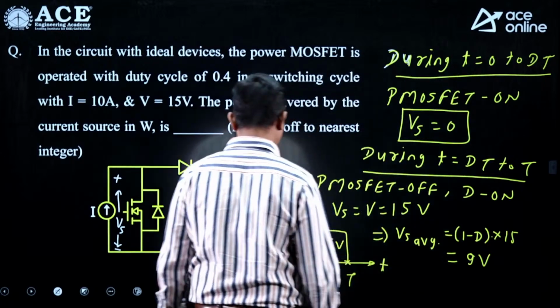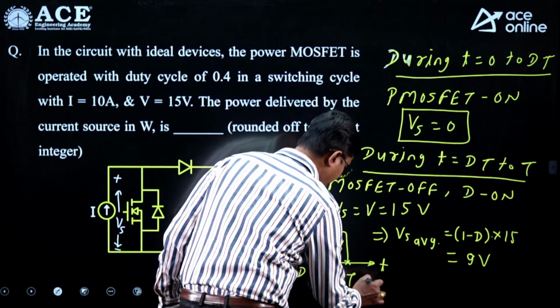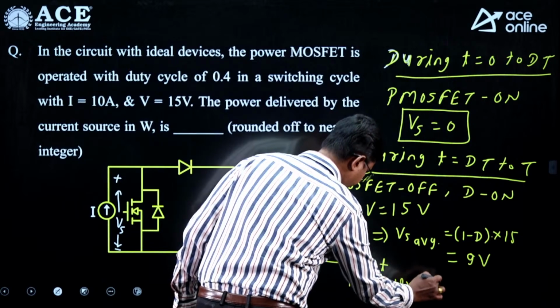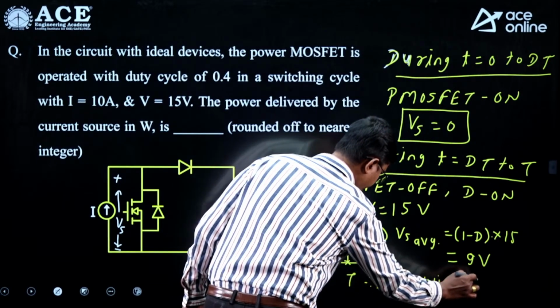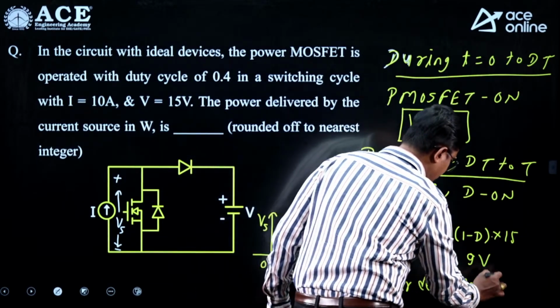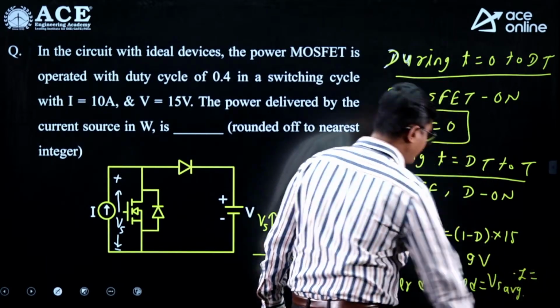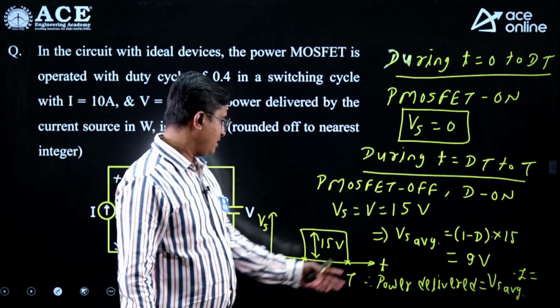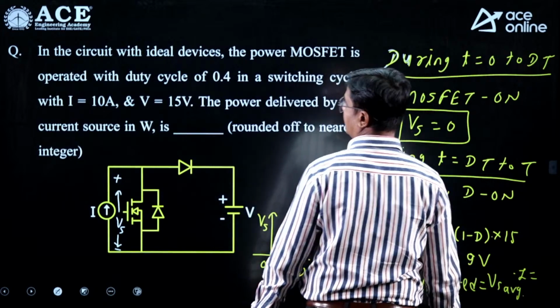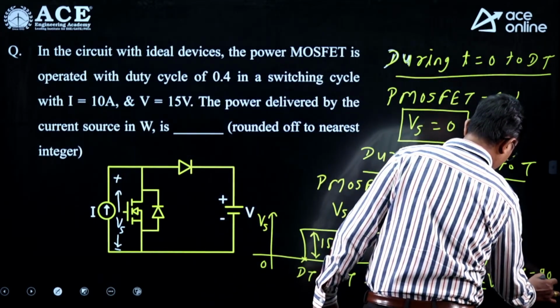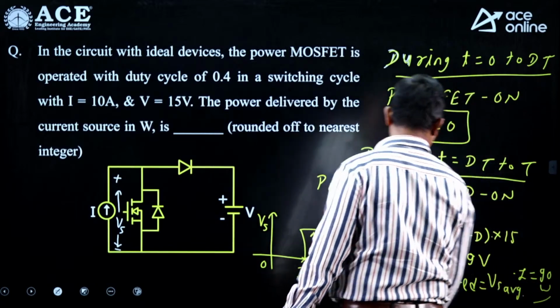So what is the power delivered? I can write the power delivered is equal to Vs average into I. Vs average into I is nothing but 9 into 10, right? 9 into 10 is 90 watt, na. So your answer will be 90 watt, right?